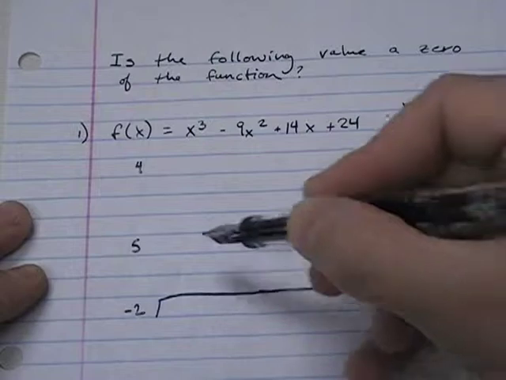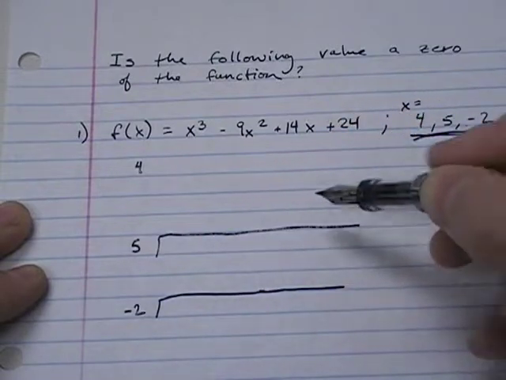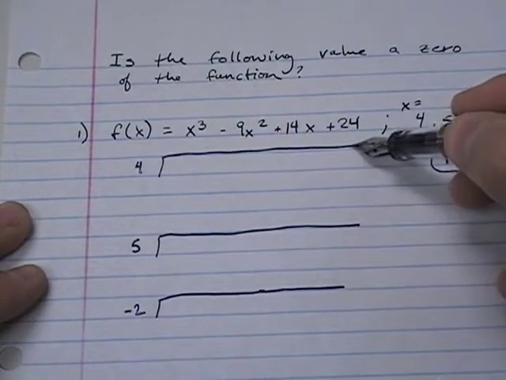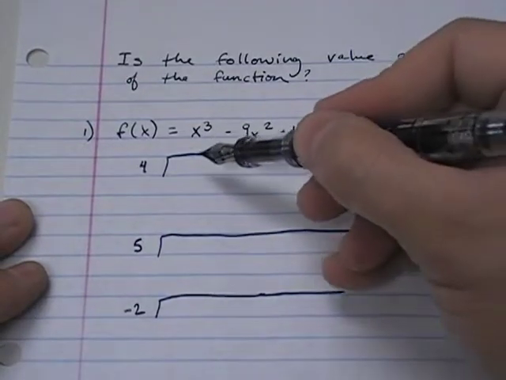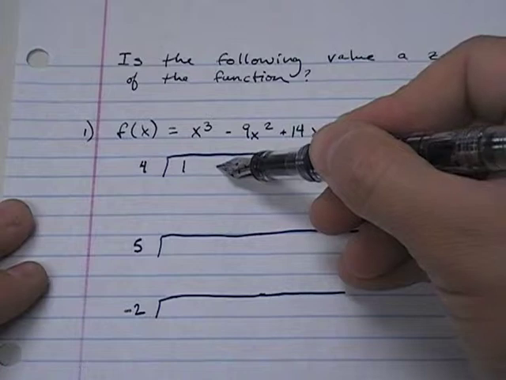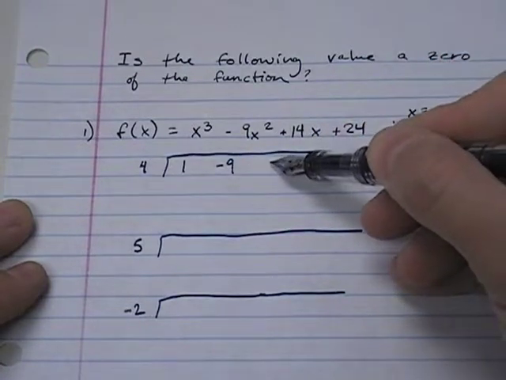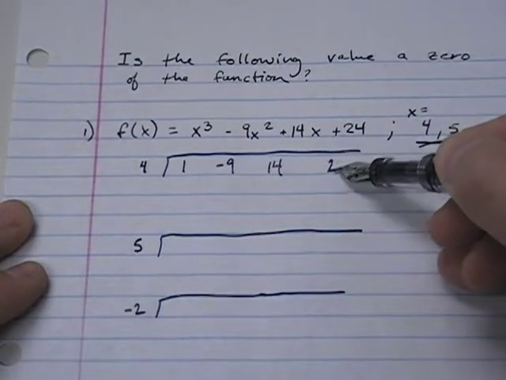And you'll notice that each of these looks basically the same. The first one, we just write the coefficients. So the coefficients are 1, negative 9, 14, and 24.